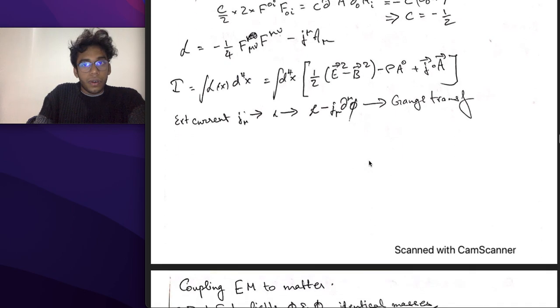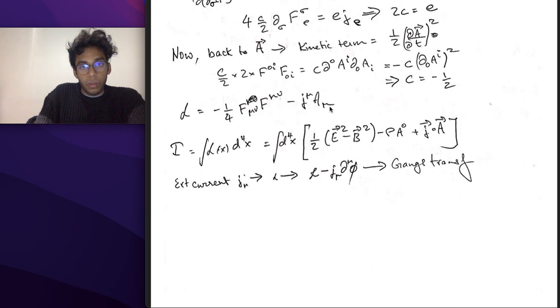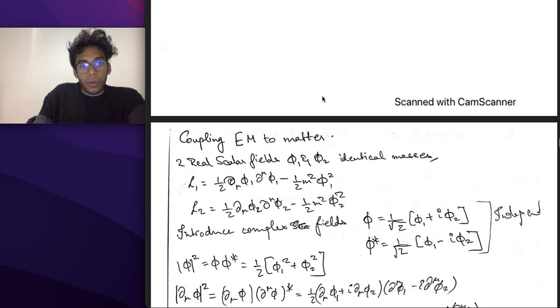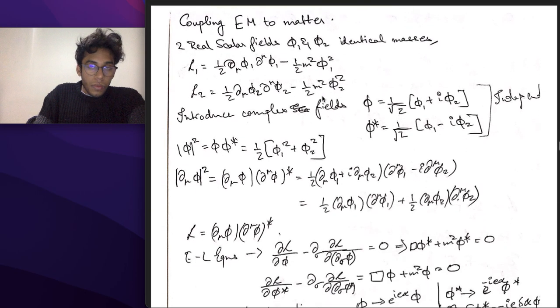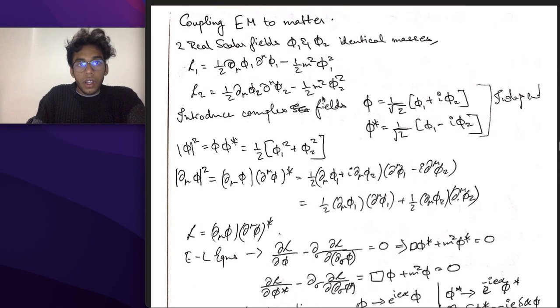We'll see that, because we see this j mu a mu, it can be a problem when you talk about gauge invariance. So now what we do is we leave gauge invariance for a while.